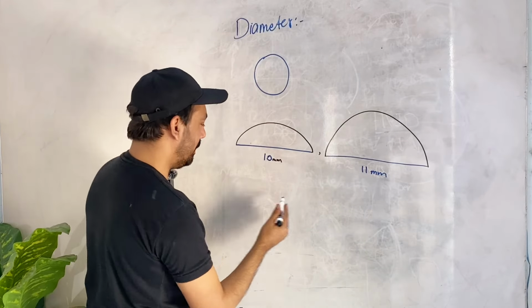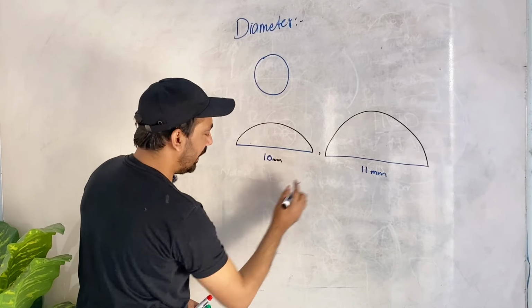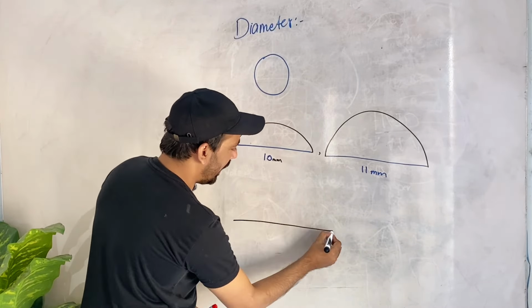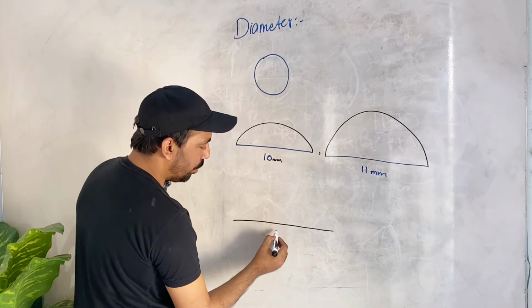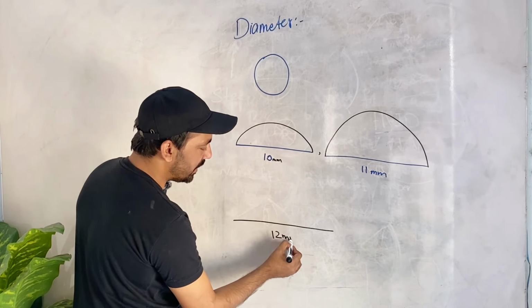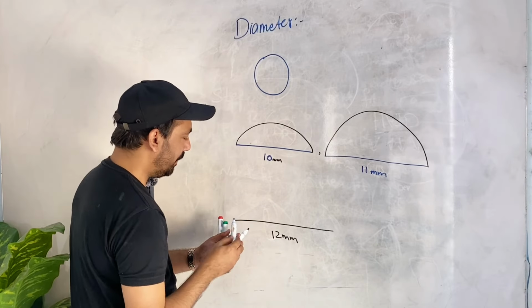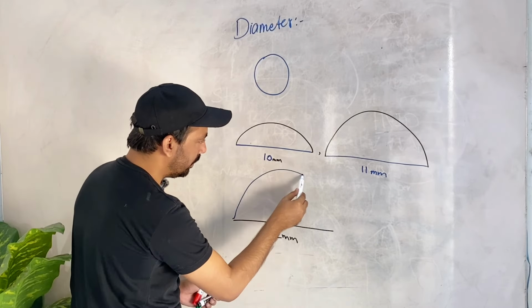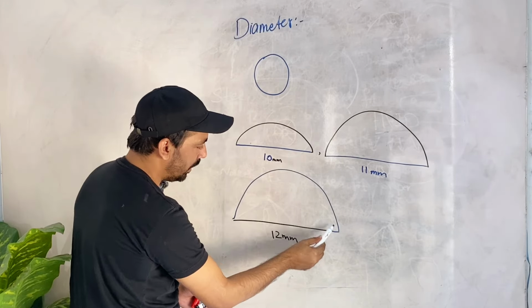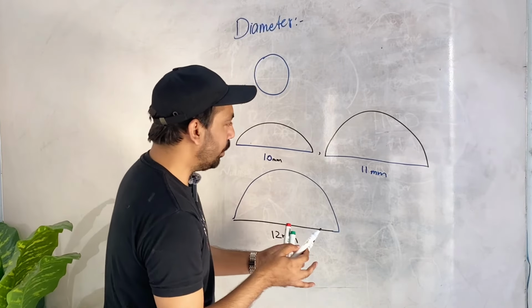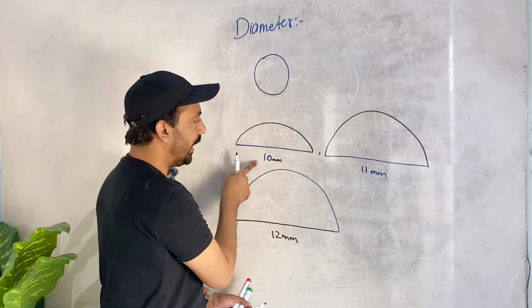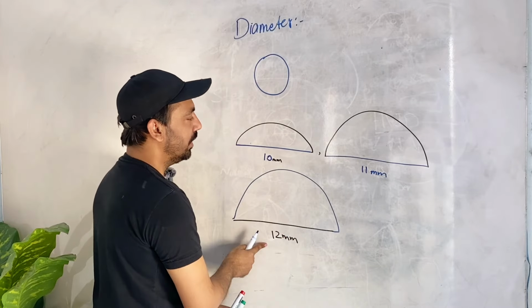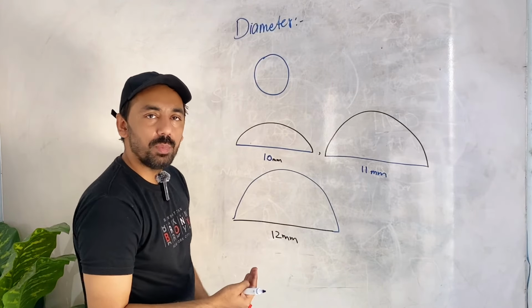If I increase the diameter more than 11, for example to 12 millimeter, you see the curve will be more steeper. So we conclude that if I increase the diameter of the contact lens from 10 to 11, 11 to 12, the lens will be more and more steeper.